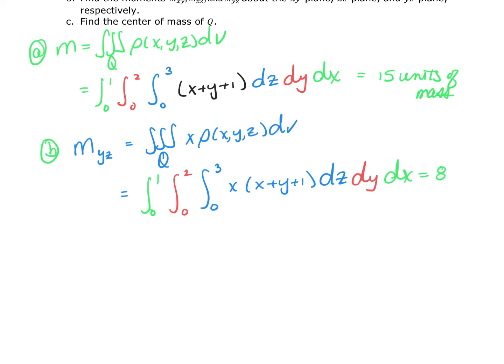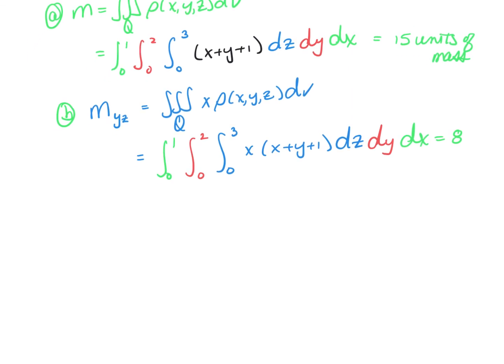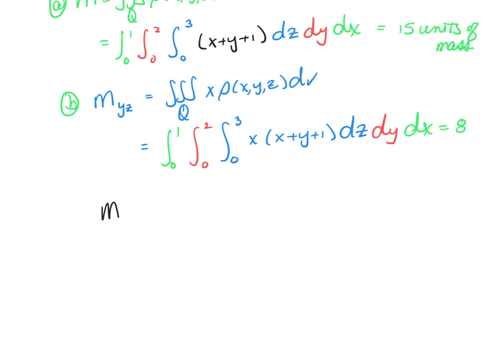What I mean the worst stuff was, our last section wasn't bad, but it wasn't a whole bunch of fun either. So I'm going to do M of xz, again, the integration of Q, and this time I have a multiplier of y, of my rho x, y, and z dV.